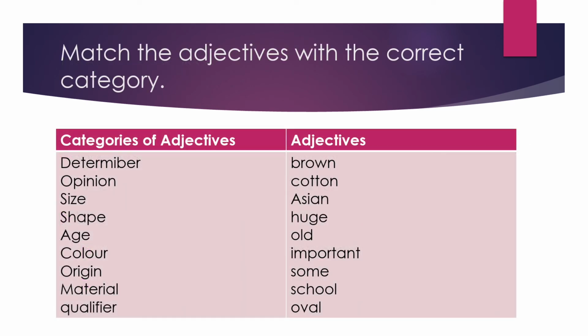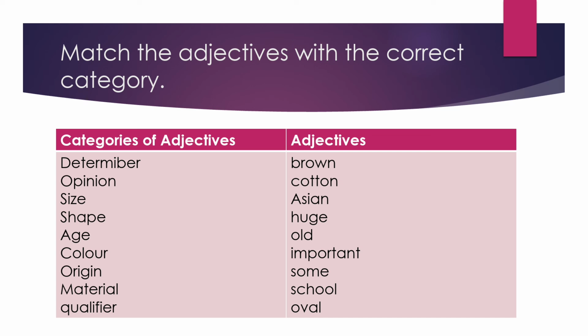Match the adjectives with the correct category. The categories are determiner, the spelling is wrong. Instead of B, there should be N. Opinion or the observation, size, shape, age, color, origin, material, and qualifier. Let's look at the adjectives. Brown. So what is it? Color, correct.